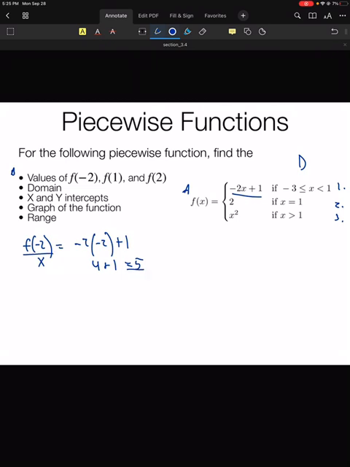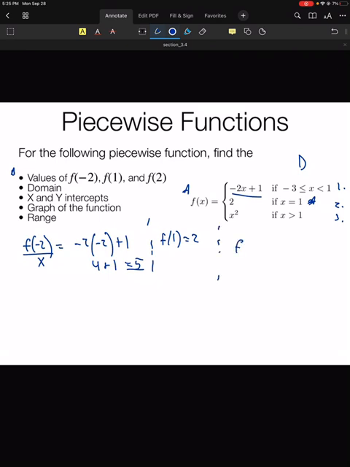So f of negative 2 is 5. We can do the same thing for f of 1, so we need to find out where 1 is, and lo and behold, step 2 there says when x is 1, the function value is 2. So f of 1 is 2. That was pretty easy.